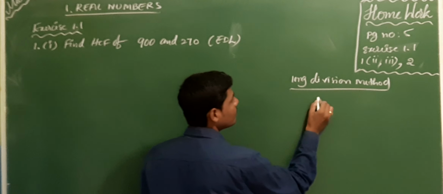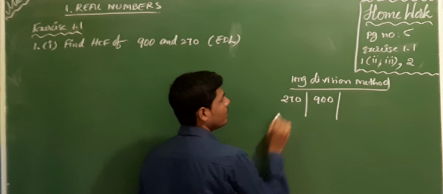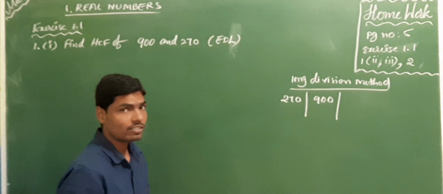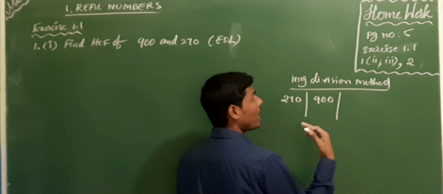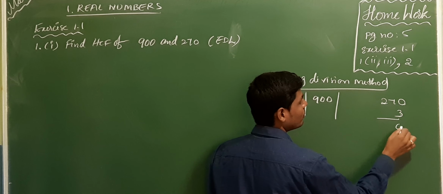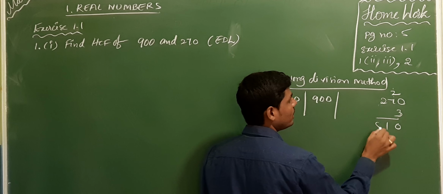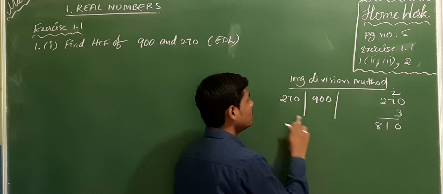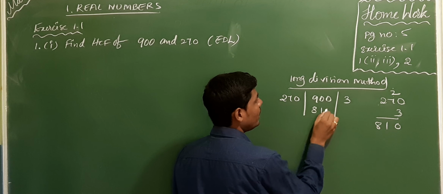So 900 divided by 270. 270 ones are 270, 270 twos are 540, and 270 threes are 810. It is near to that. So 270 times 3 is 810.